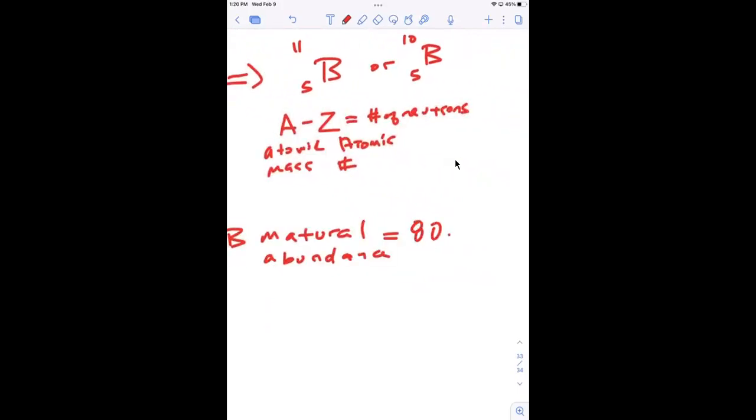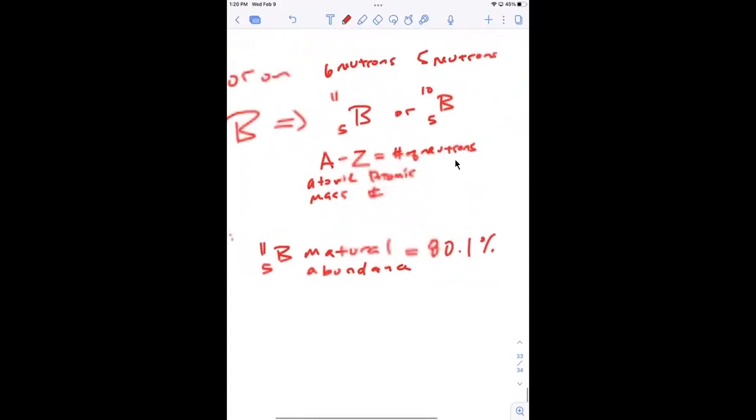What that means is that if you dig up a sample of boron from some mine, 80% of that boron is going to be the boron 11 isotope, so most of the boron that exists in nature exists as boron 11. As you can tell from the periodic table, boron's atomic mass is 10.81. That's the average, so that's closer to 11 than it is to 10 because we can round that up.